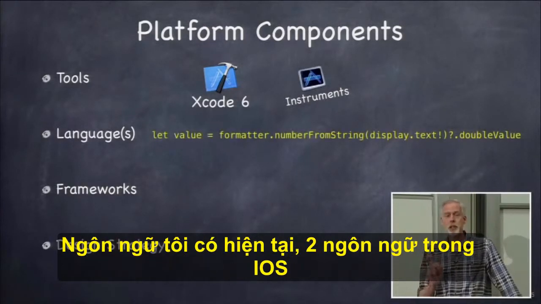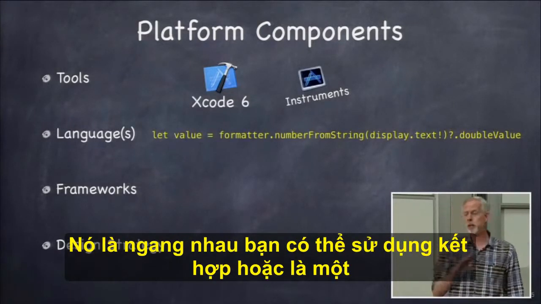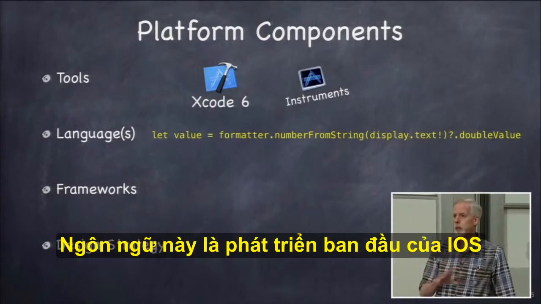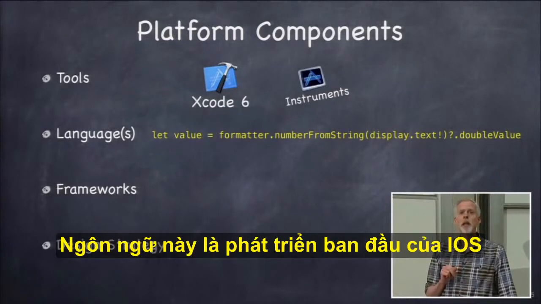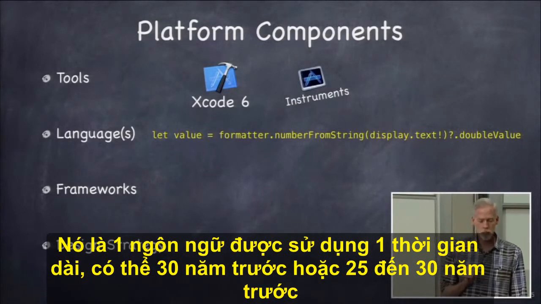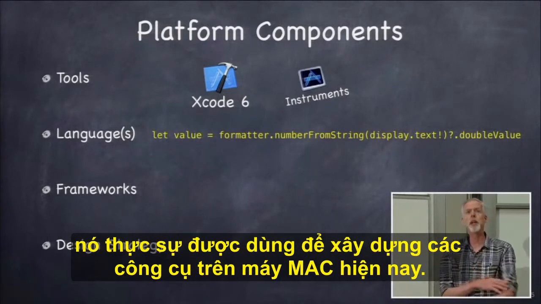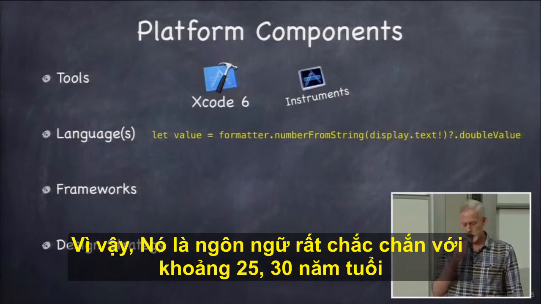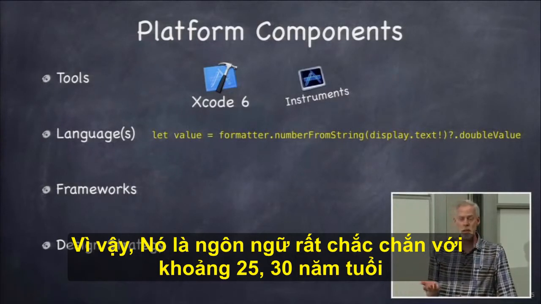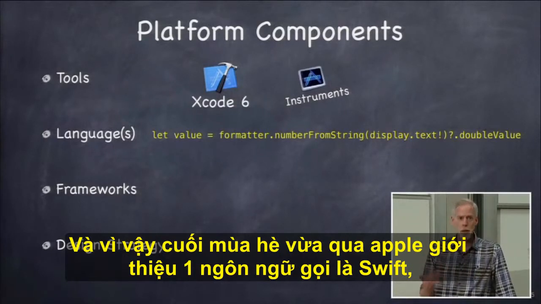Languages. There's actually 2 languages in iOS now. They are peers. You can pretty much use either one. One of them is called Objective-C. That's the language that iOS was originally developed for. It's a language that's been around a long time, probably 25 to 30 years that it's actually been used to build stuff that's on the Mac today. So it's a very mature language, but it is also 25, 30 years old. And so Apple last summer introduced a completely new language called Swift.